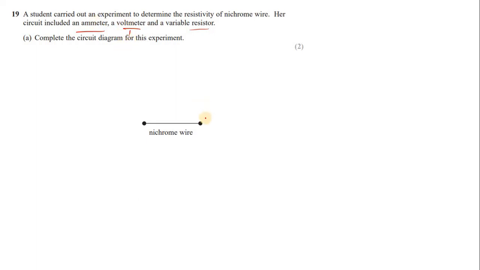So start with the power supply. You can take a power supply here, and then you can connect it with a variable resistor, and then you can connect with an ammeter.